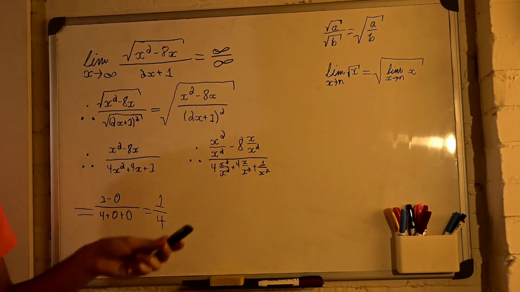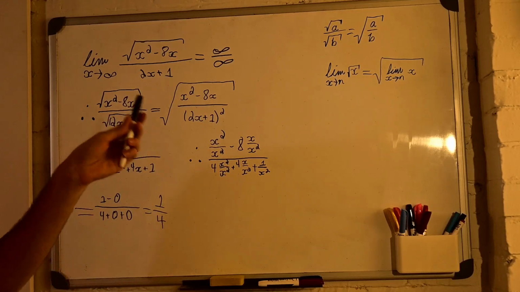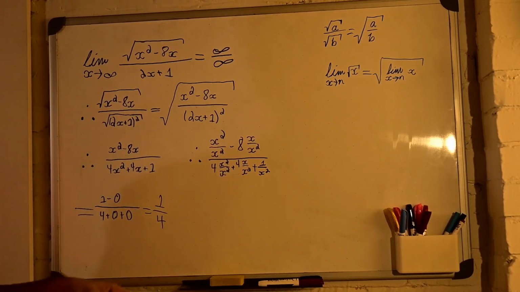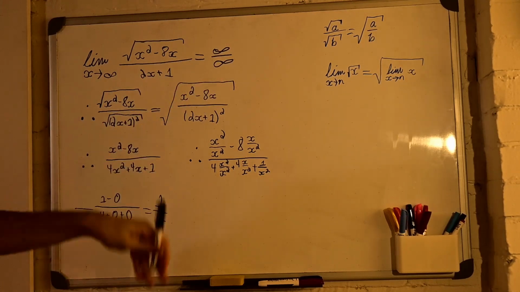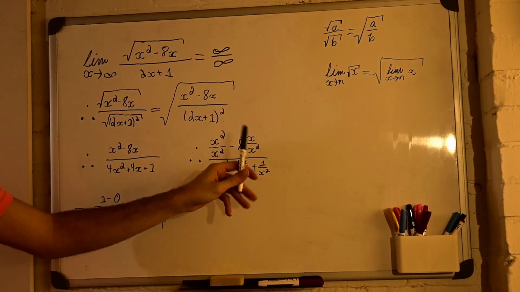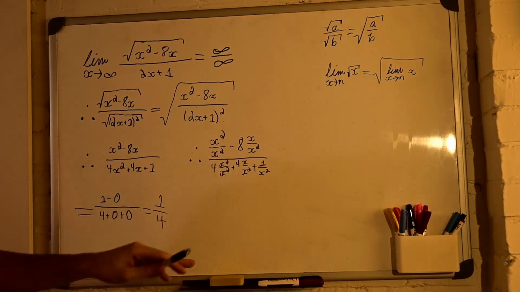If you put infinity in, infinity divided by infinity just means we don't know. But if you have infinity divided by infinity squared, then that equals 0.